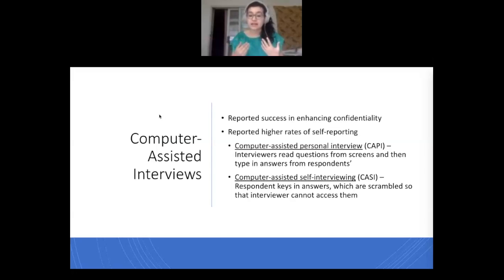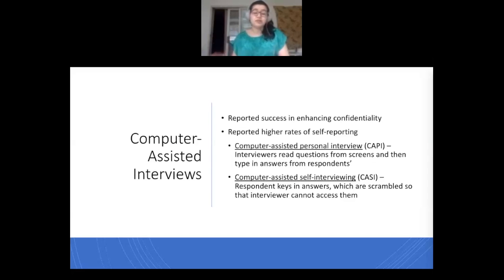But then the benefit of it is also that you get responses that you can easily code and get transmitted easily. And there's like some more level of anonymity when it's a computer-assisted self-interviewing, because the researcher, the field worker, isn't looking at all of the responses, right?